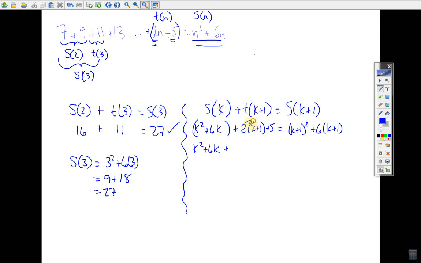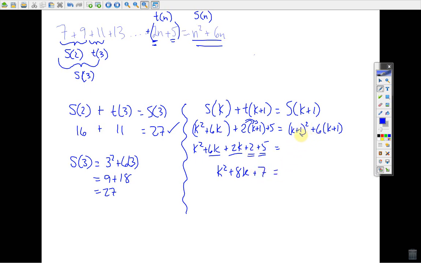Going to distribute this 2. That becomes plus 2k plus 2 plus 5. I'm just going to work the left-hand side here. We have like terms there with the 6k and the 2k, and like terms with the 2 and the 5. So we're going to combine those like terms. 2k plus 6k is 8k. 2 plus 5 is 7.